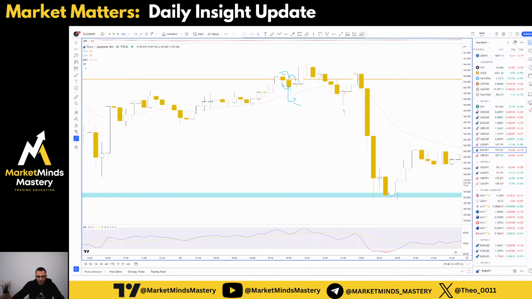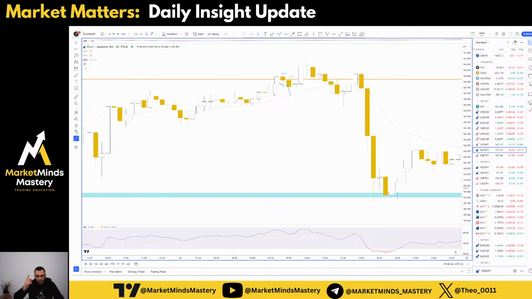The same with this hammer here. Price makes lower highs and lower lows. So the market is still in a downtrend. The hammer, though, when you find it in a downtrend, has bullish implications, because it shows that this sellers' area is about to come to an end.